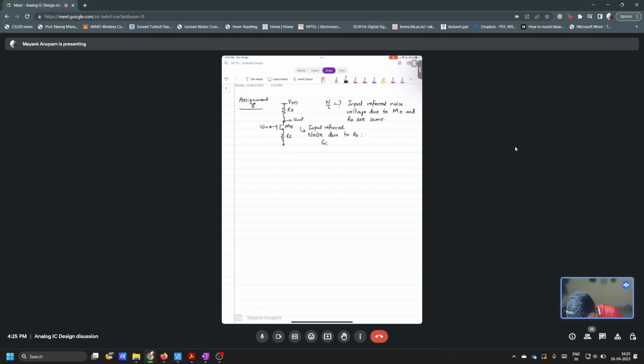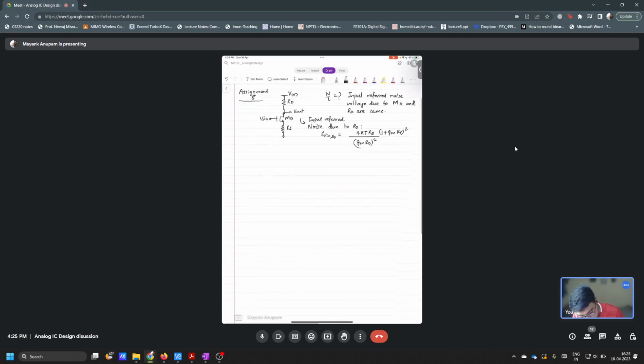So SV in due to RD is 4 kT RD divided by Gm times RD whole square into 1 plus Gm times RS whole square, right? Correct?